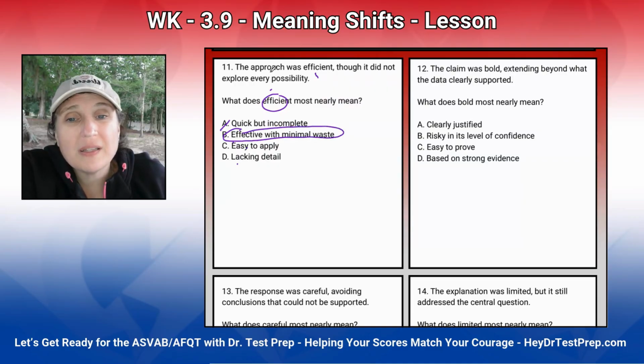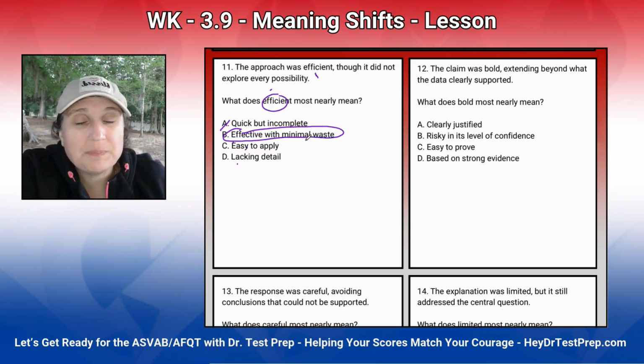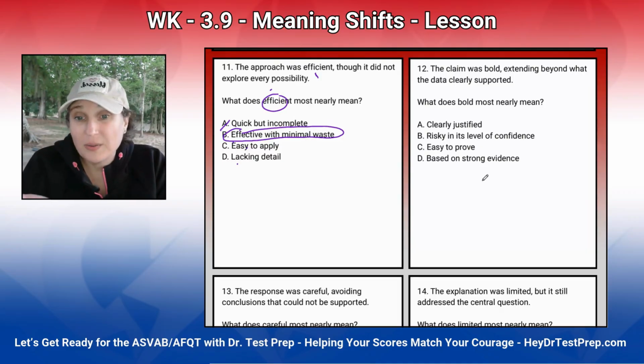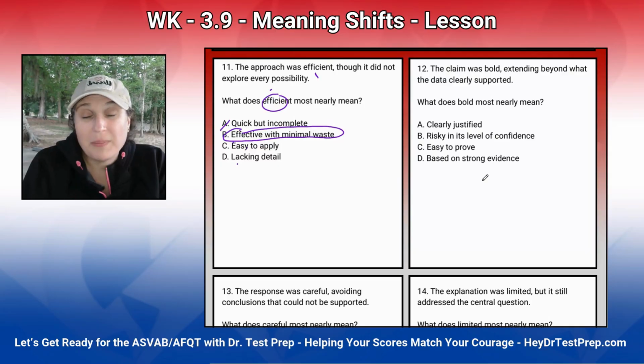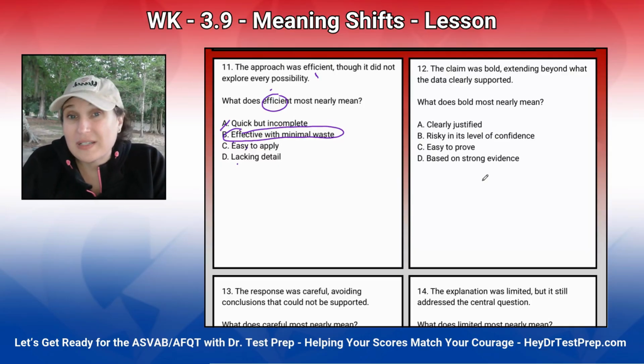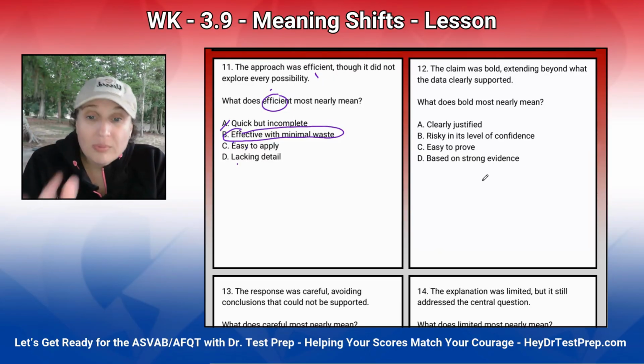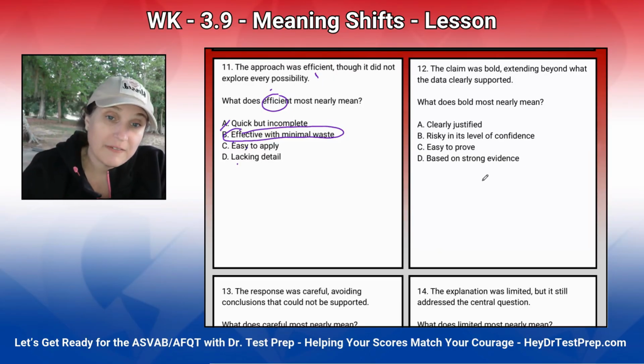Okay, typically the approach was efficient, it worked, though it didn't explore every possibility. There wasn't extra stuff going on. If it said the solution was efficient, that would be a bad way, but then you could go into lacking detail or the result. But the approach, the actions were effective.